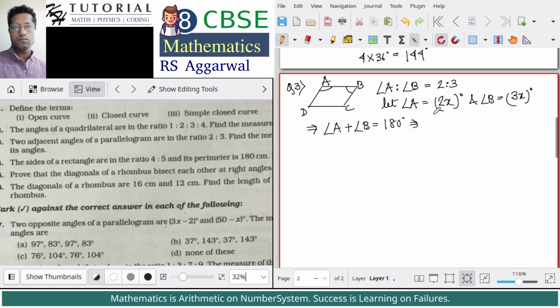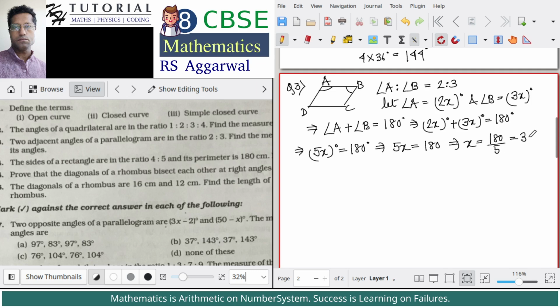So 2x degree plus 3x degree is equal to 180 degree. This implies 5x degree is equal to 180 degree, so 5x is equal to 180. This implies x is equal to 180 by 5.